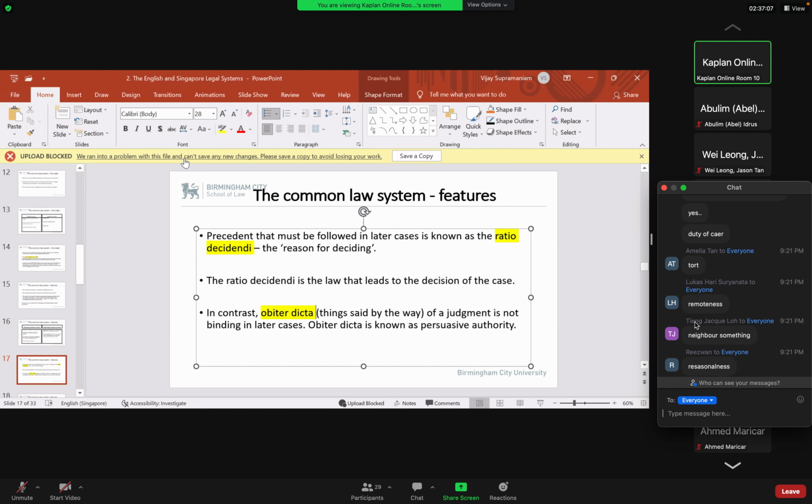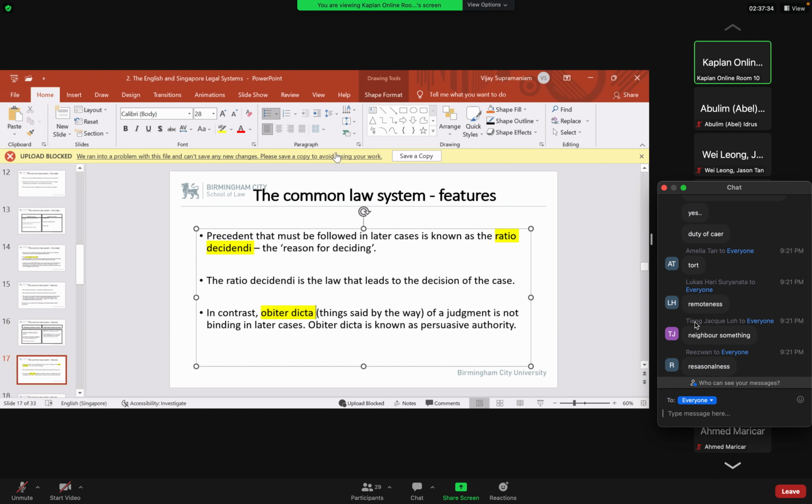Okay, so when I say by the way decisions, these decisions are not binding decisions. You must remember that. These are not binding because these are discussions of laws made in passing.